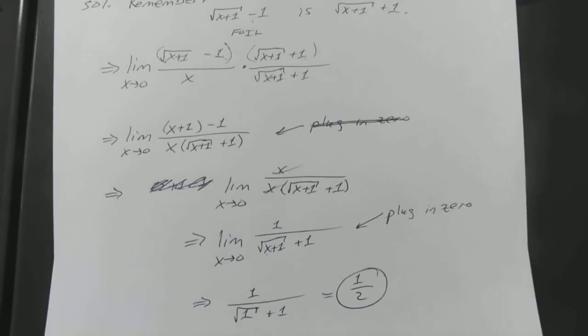Oh, no, because these two aren't multiplied to each other. Remember, up here we did the FOIL method and got rid of the square root, so this is just x plus 1 minus 1. That's why it wouldn't do that. But if it was multiplied, then it would be negative x. So here you take out the parentheses and just work it out. Exactly.